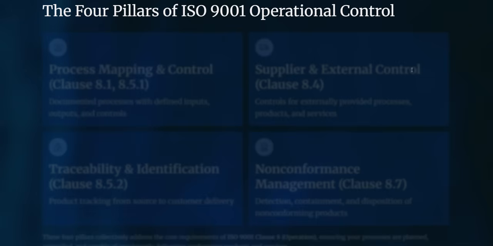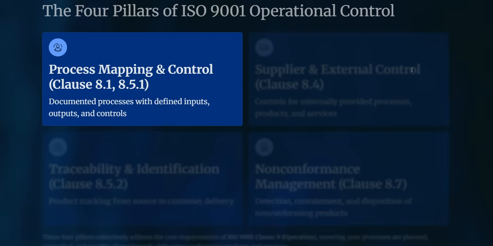Now, four pillars of ISO 9001 operational control. These pillars are what we are going to dissect and implement thoroughly through this module. First pillar, we have process mapping and control, and that will fulfill and exceed the requirement of Clause 8.1 and 8.1.5.1, which is documented processes with defined inputs, outputs, and controls.